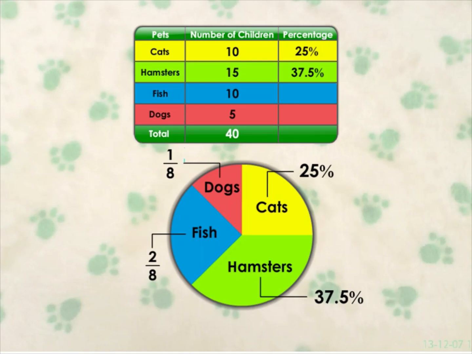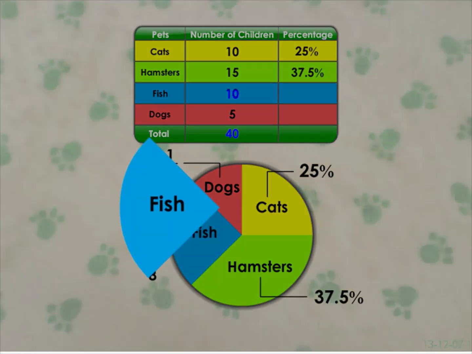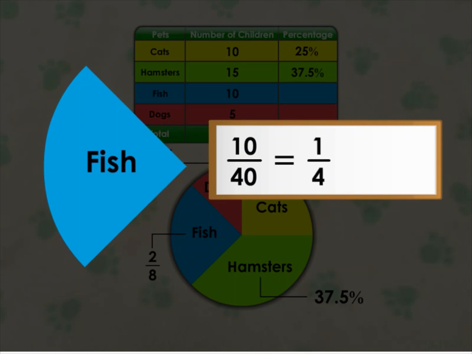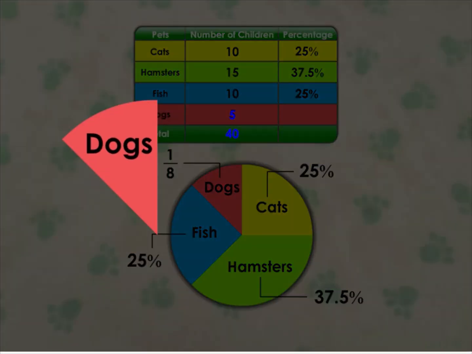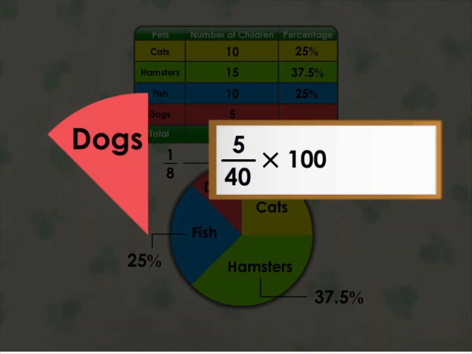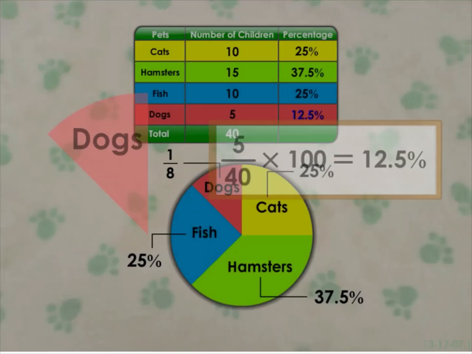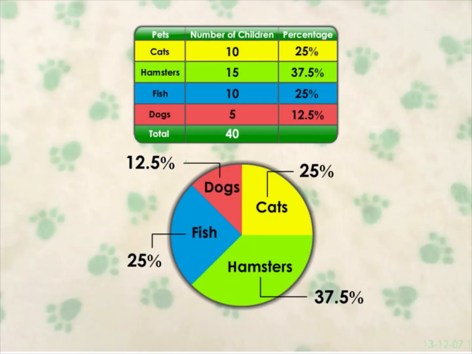The percentage of the number of children who like hamsters is 37.5%. The percentage of those who like fish is also 25%. And those who like dogs is 12.5%.